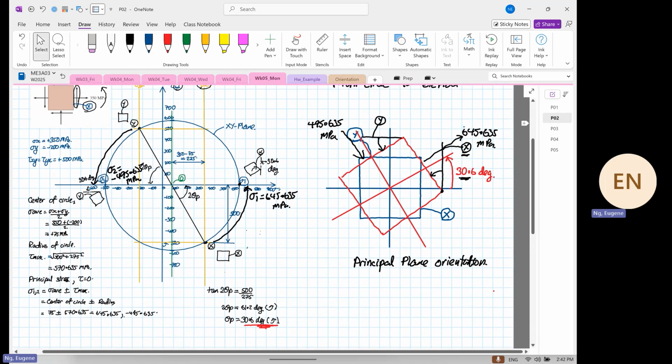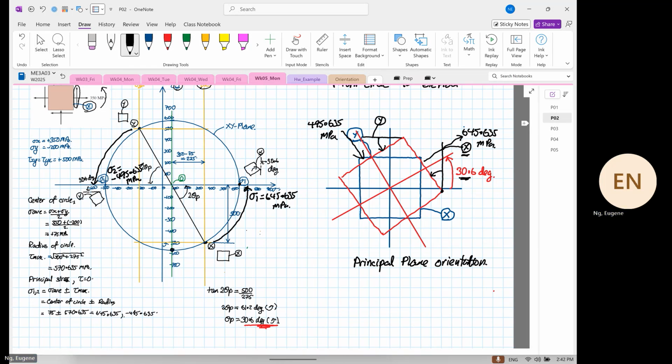Now, maximum shear stress occurs where? Over here is where we have our tau max. And over here, again, is where we have our tau max.